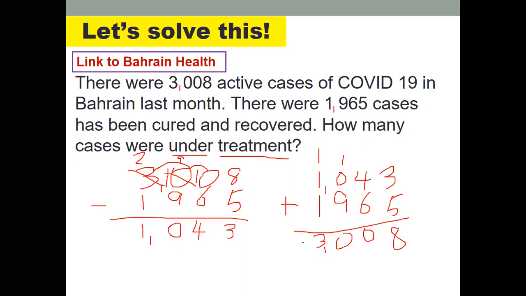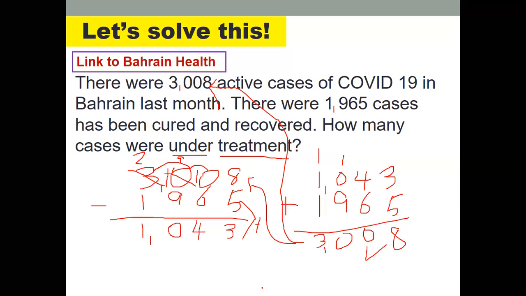So if you could see the 3,000 is correct, when we check by adding these two and we got it correctly. Okay, any question? How to subtract and solve the problem?